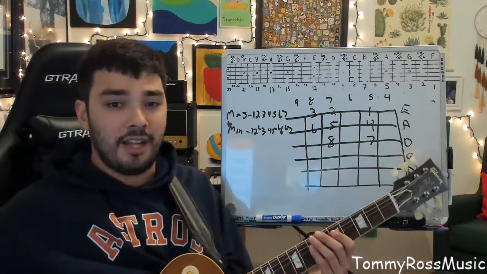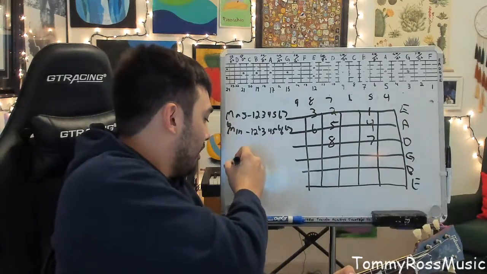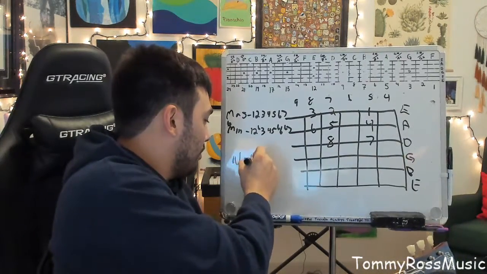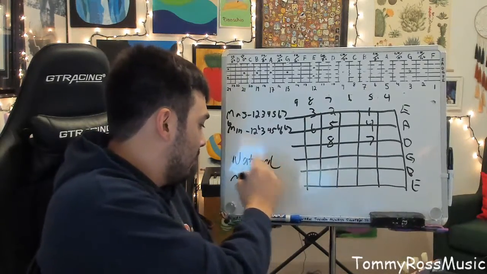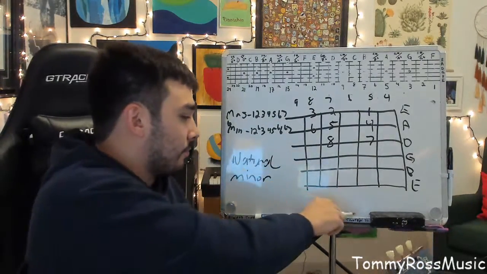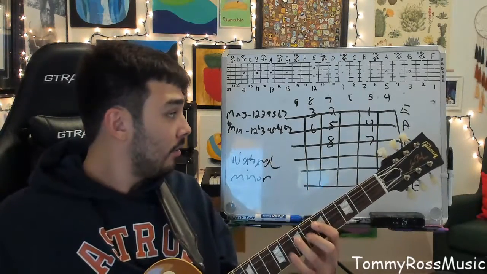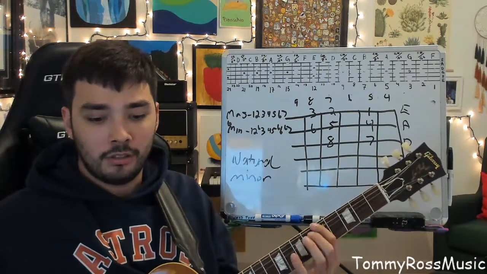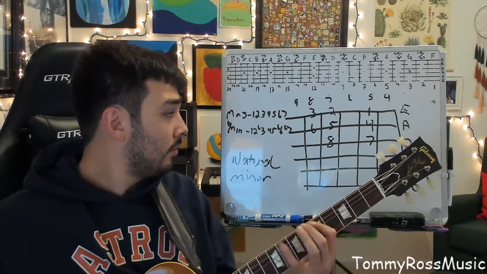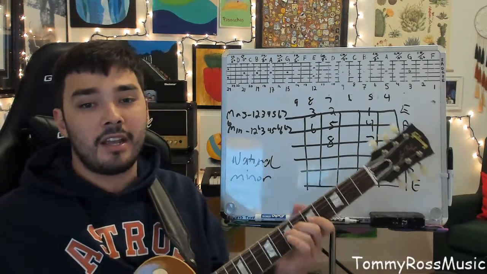So the natural minor scale is going to sound like this. Let me go ahead and draw it out. Natural minor, okay? It's going to sound like this. 1, 2, 3, 4, 5, 6, 7, 8.